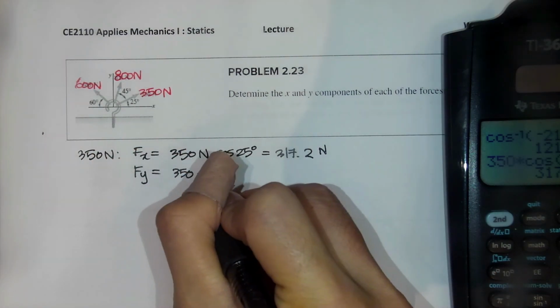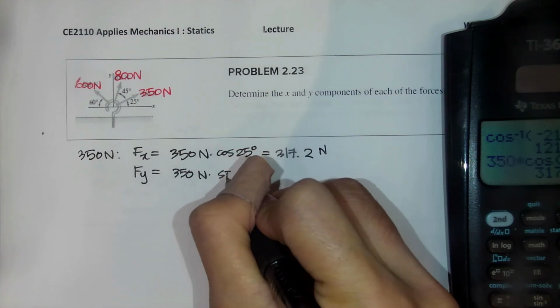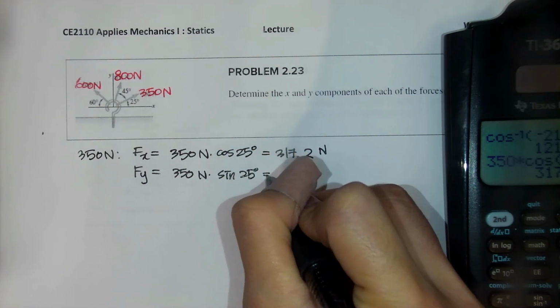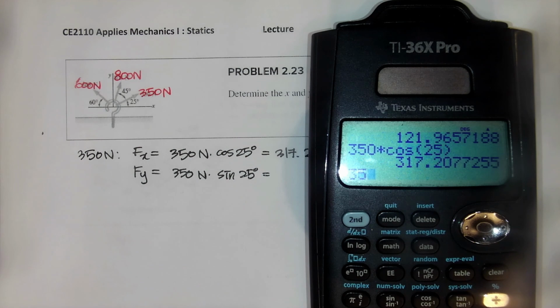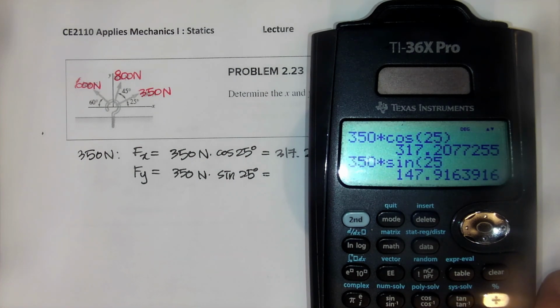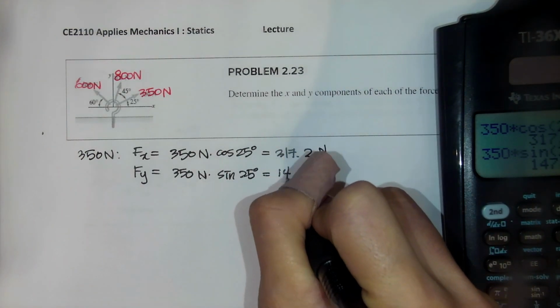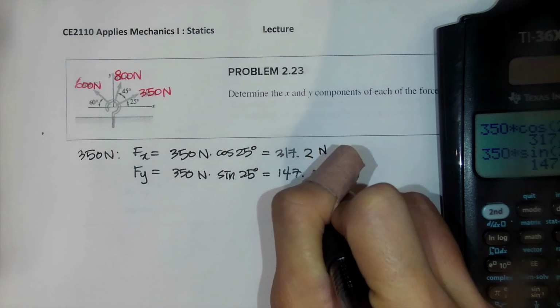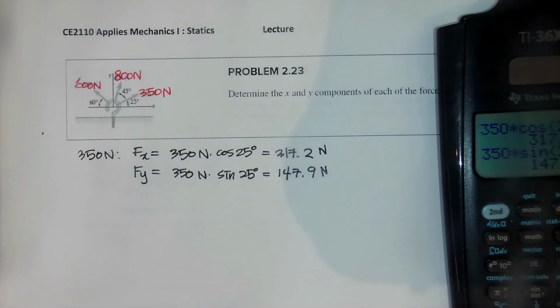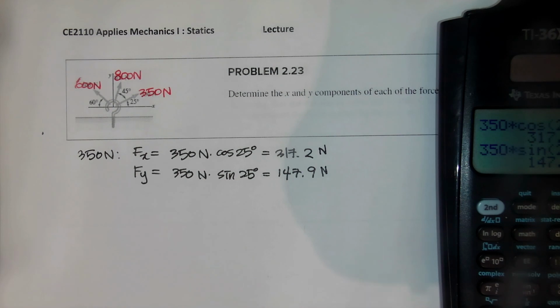So Fy is 350 Newton times sine 25 degrees, right? So 350 times sine 25. So it is 147.9. So let's use first decimal place. Okay.